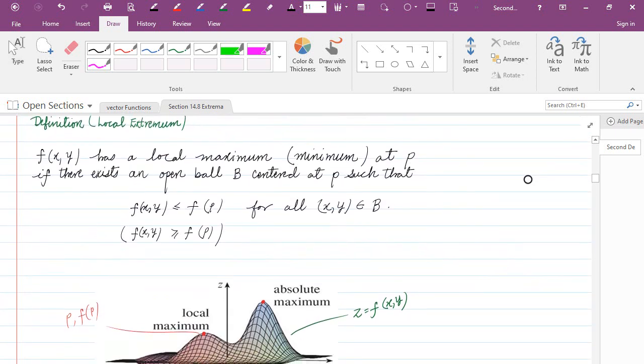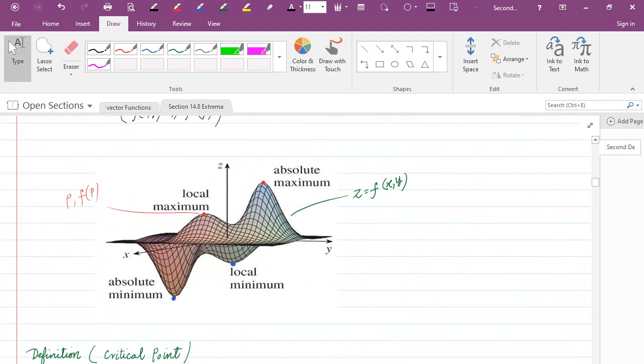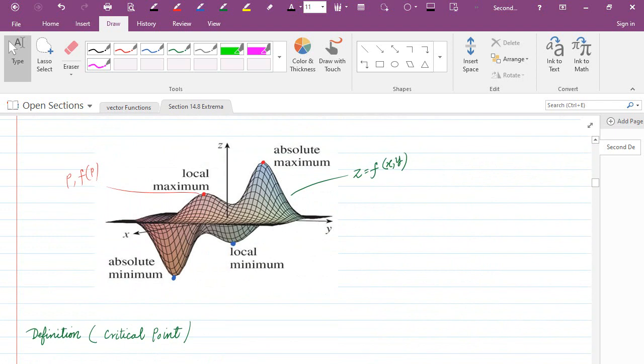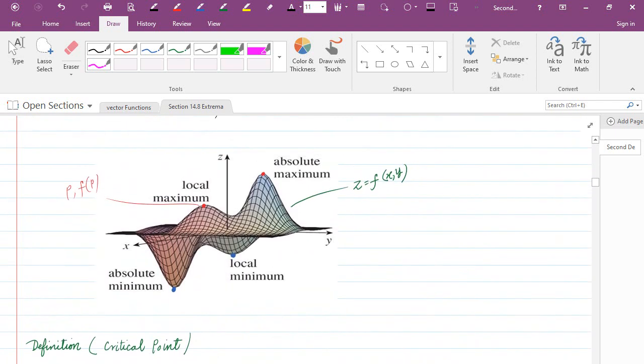One thing you can notice is that if the function is differentiable at a point P, then at that point, if I have a local max, and if the gradient is defined there, then you can see that the tangent plane is horizontal there.